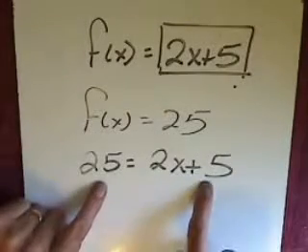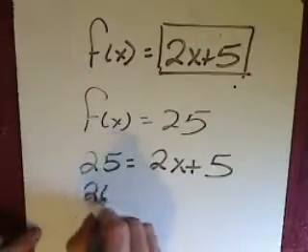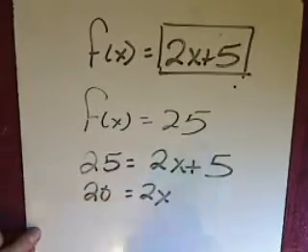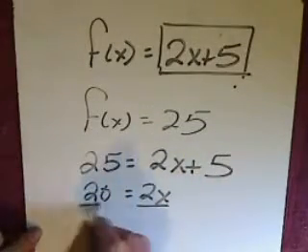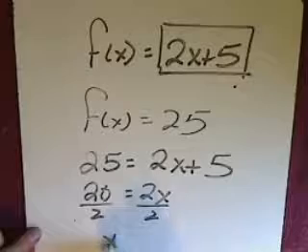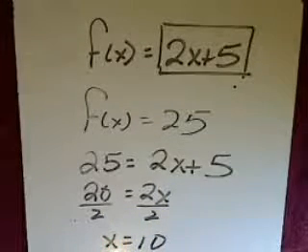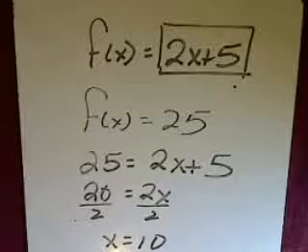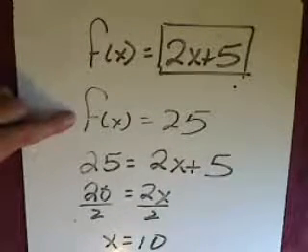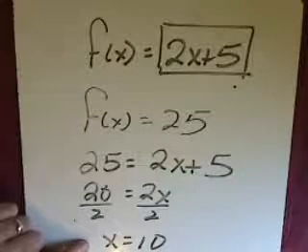We've been through this before. Subtract 5 from both sides, and then divide by 2. So x is 10. Before, it was you give me a number and I'll give you the value of the function. Here, I gave you the value of the function, and you had to give me the input value.